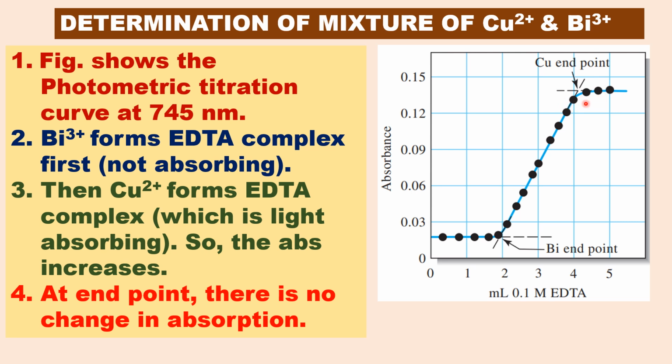Once all the copper is consumed, at and after the endpoint there is no change in absorbance, since EDTA does not absorb light. So we have obtained two endpoints, and we can easily estimate the copper ion and bismuth ion in the mixture.